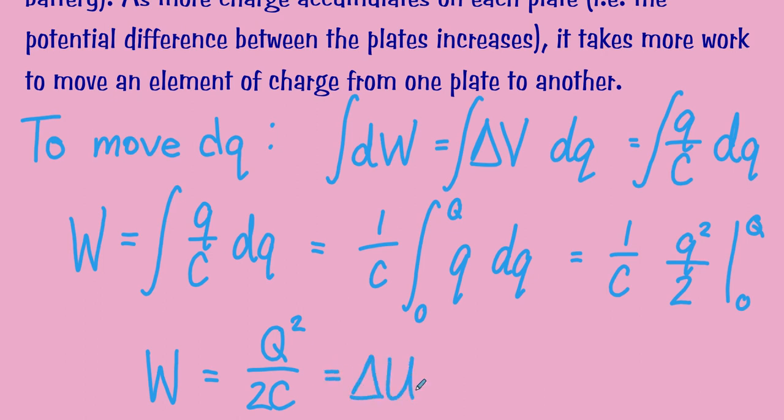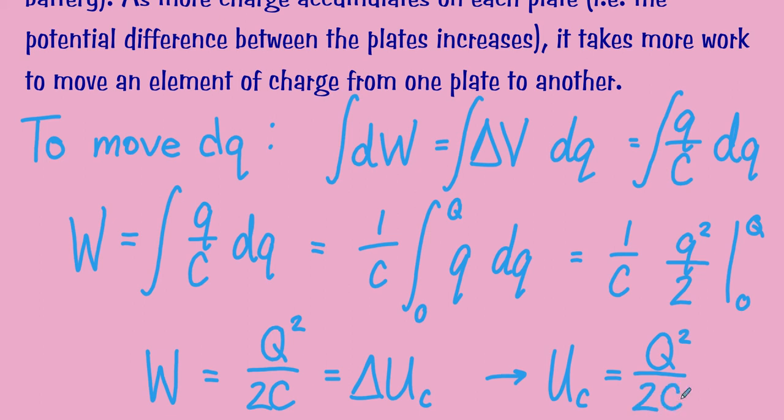And since it was work done by an external force, we could think of this as being positive change in energy. And we'll call this U sub C being the energy of the capacitor. Well, since we started out with it completely uncharged, it didn't really have any energy to begin with. So that tells me I could write this as the final energy of my capacitor is equal to Q squared over 2C.